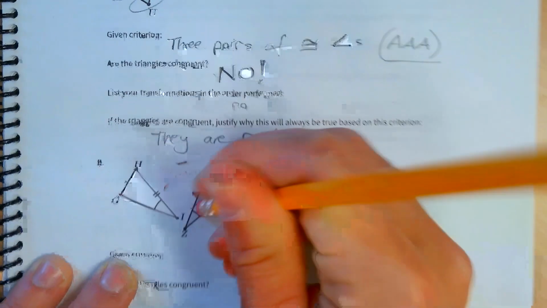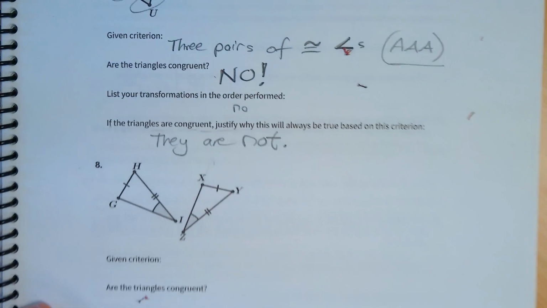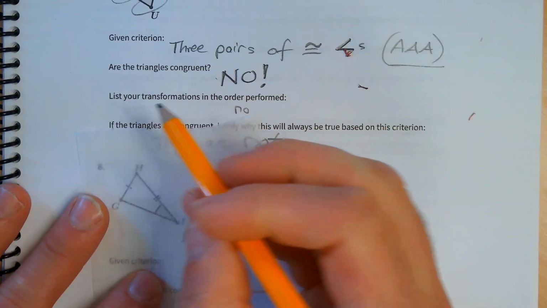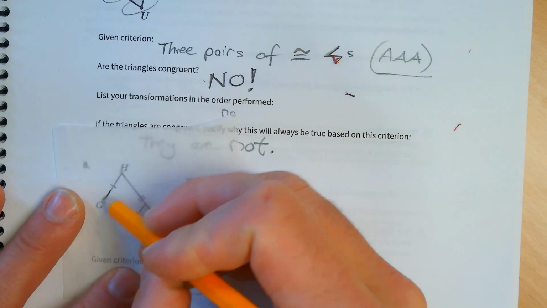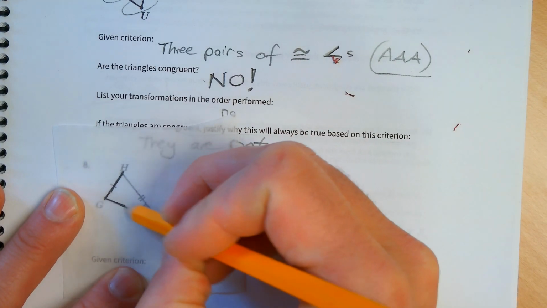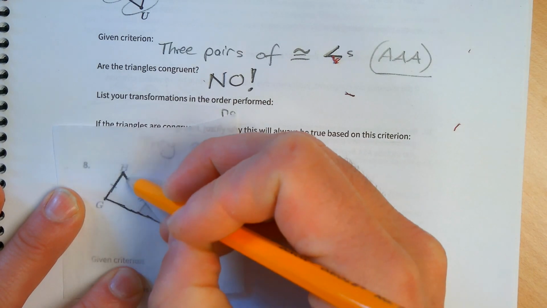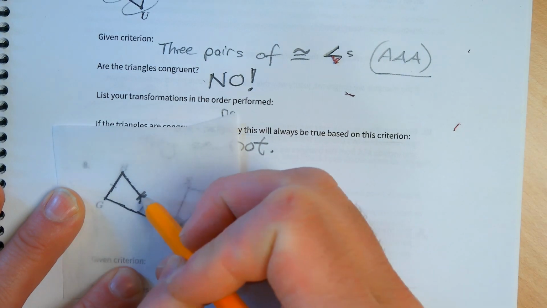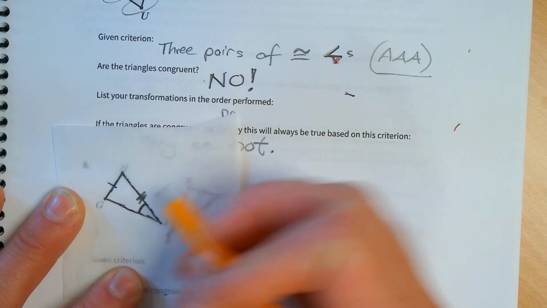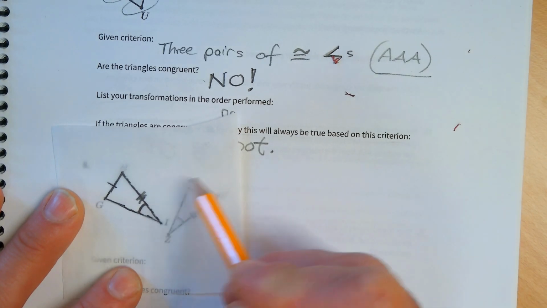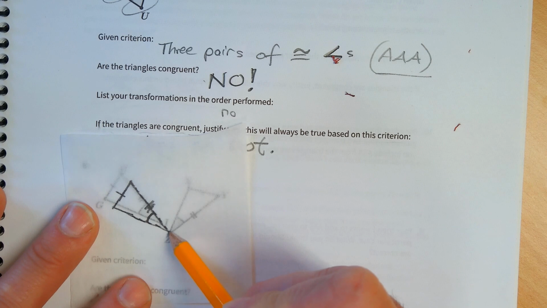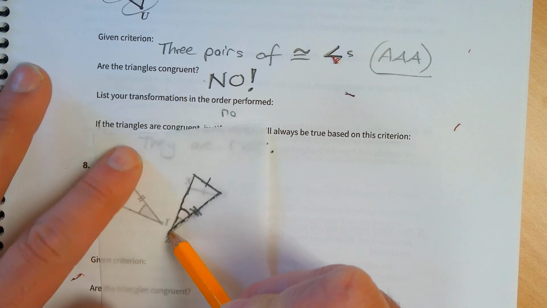Okay, here we go. Oops, that was supposed to be double mark. It's kind of sloppy. And then the angle we know. Okay, point to point. Rotate. Hey, no reflection required this time.